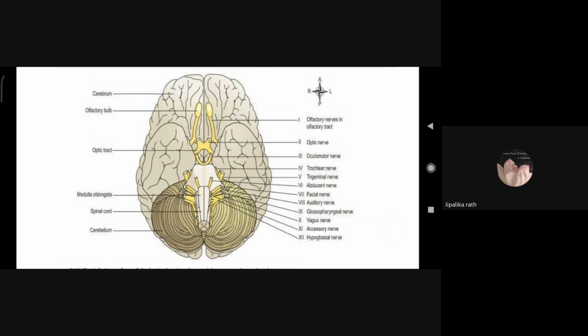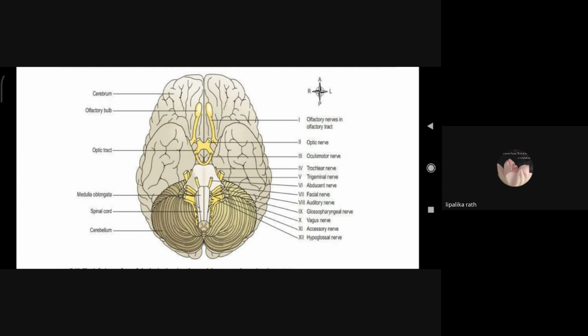Next is trochlear, trigeminal, abducens, facial nerve, auditory nerve, and so on. Sorry, the ninth nerve is glossopharyngeal, then vagus nerve, accessory nerve, and hypoglossal nerve.